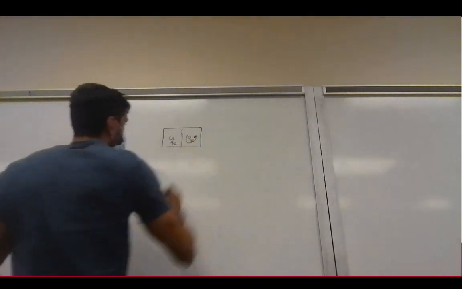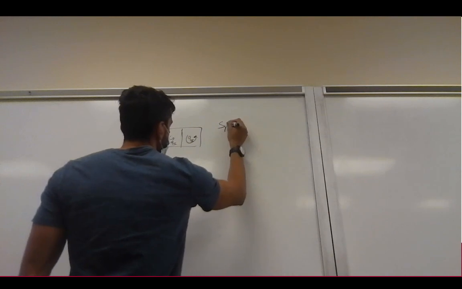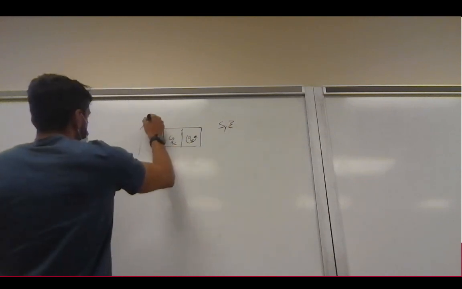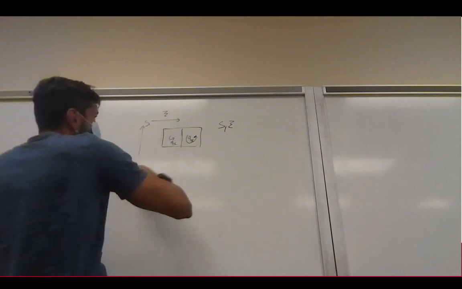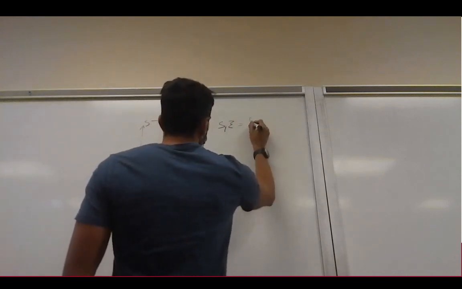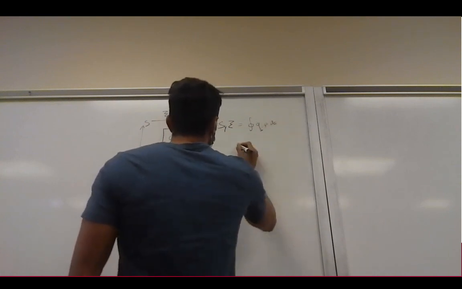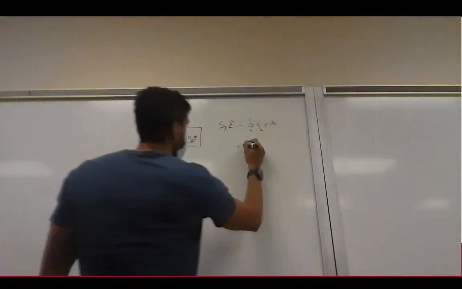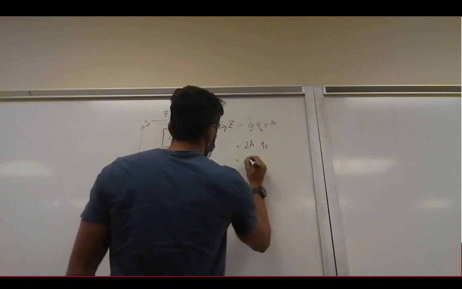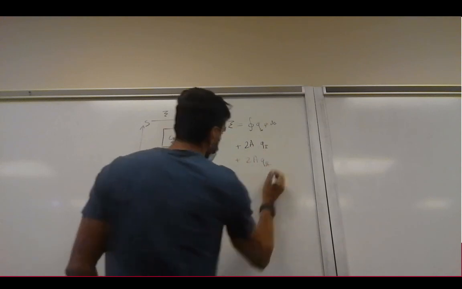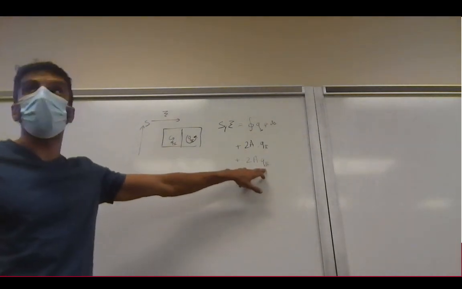If we do our moment equivalence, Sy times psi, our shear force acting somewhere here, is equal to the open shear flows, qb times p times ds, plus 2 times the enclosed area times q1 plus 2 times the enclosed area times q2. That's the correction shear flow for cell 1 and for cell 2.